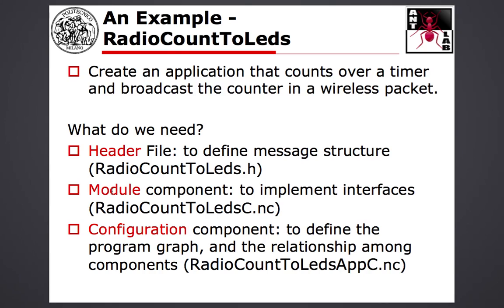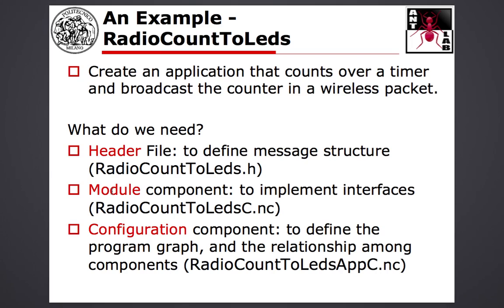The nodes who receive this message will get the message, read the value inside, and use that value to trigger on the LEDs they have according to the number which is inside. If the number is 0, all LEDs will be off. If the number is 1, only the first LED will be on.